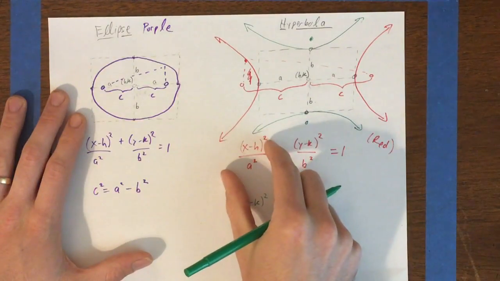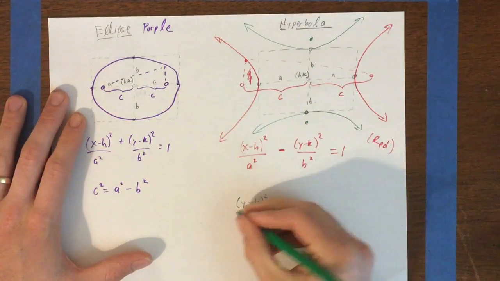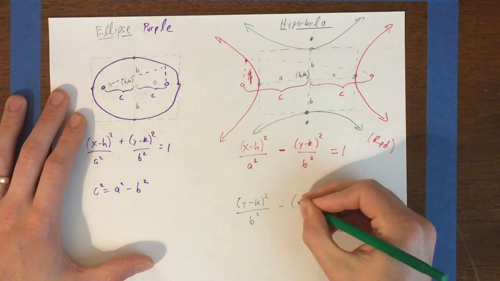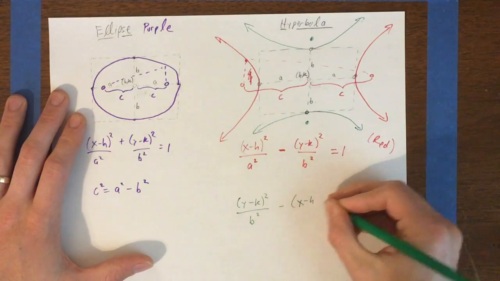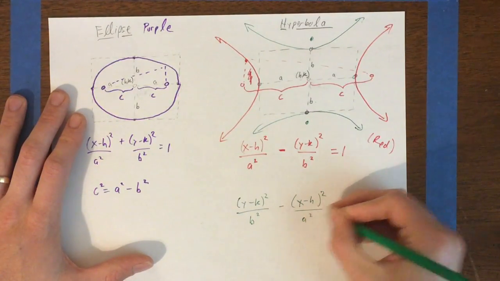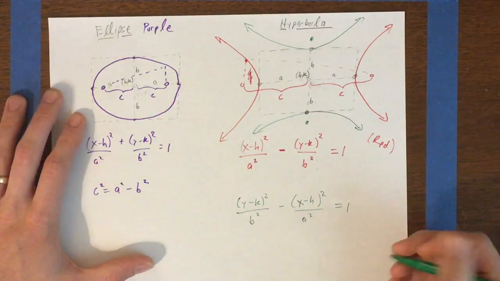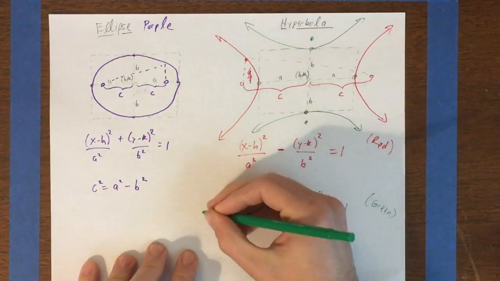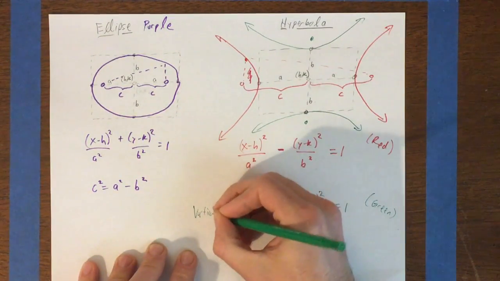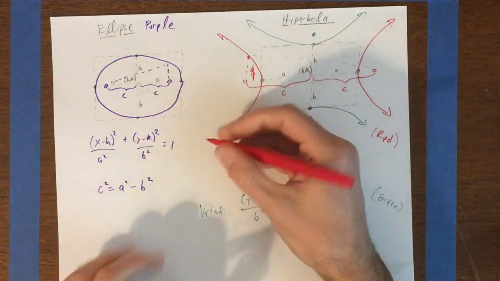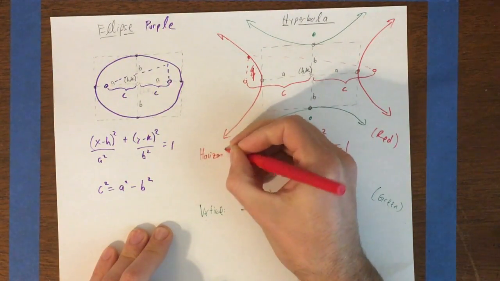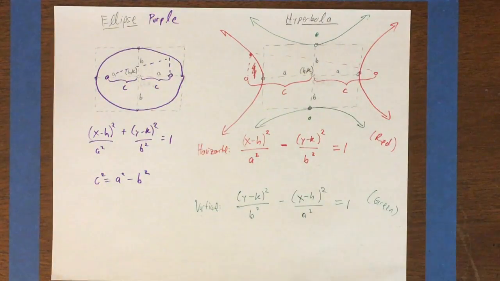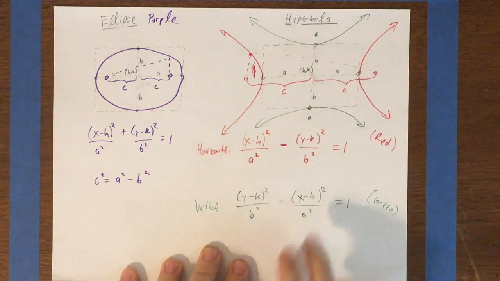So if the x term is the positive one, it's horizontal. If the y term is the positive one, like this, so just taking these and swapping the order, then that is the vertical orientation. That's in green. So we call this vertical, and with this one, whoops, horizontal. So with any particular a-b choice, you can orient your hyperbola vertically or horizontally and make two different hyperbolas by swapping the orders there.